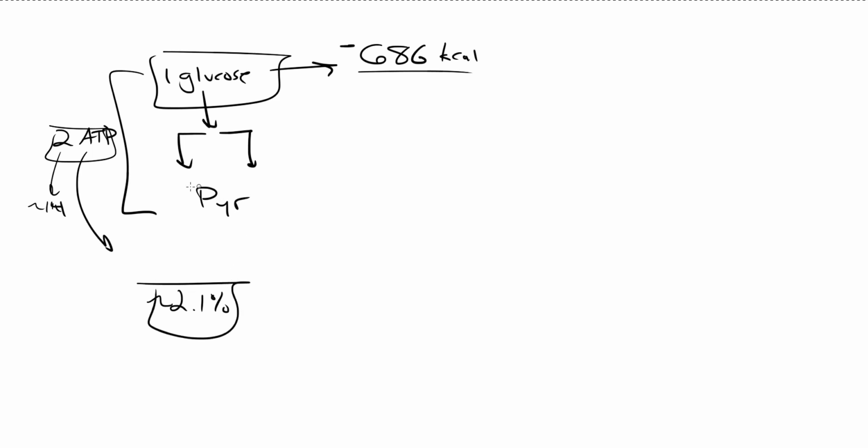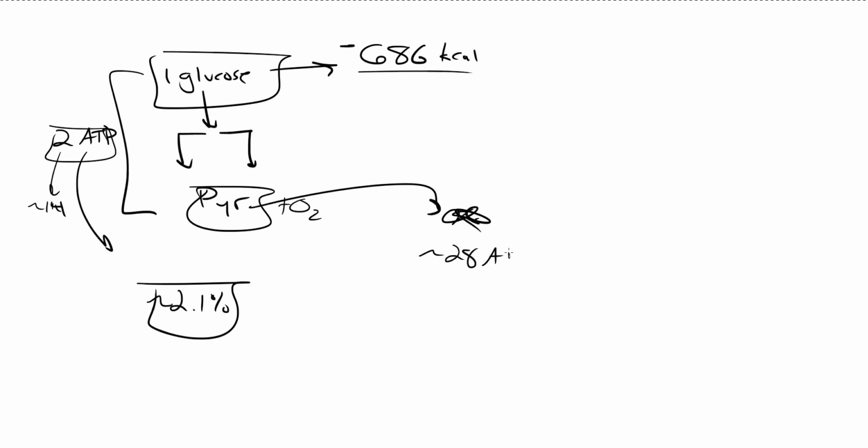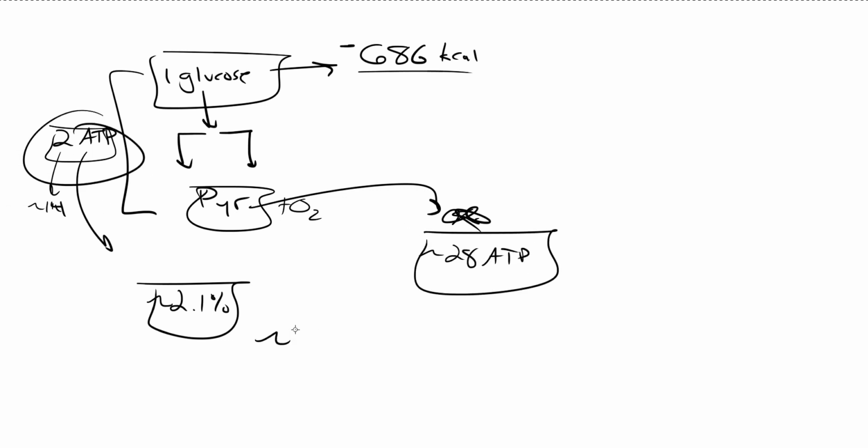So only in the presence of oxygen do we get that additional about 28 ATPs. So these 28 plus these 2 give us about 30 ATP. And when you do that math, that's about 30% or so efficiency, and that's about as good as we're going to get. So that's oxidative phosphorylation in a nutshell.